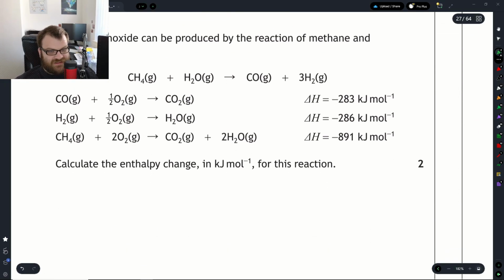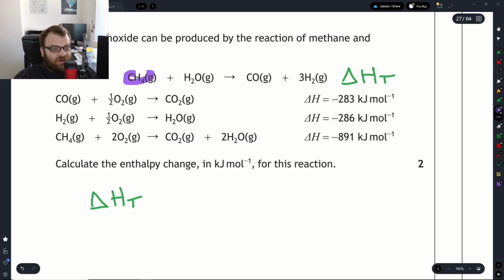This one, we're asked to work out the enthalpy change for our reaction at the top. This is using Hess's law. We have got our target enthalpy change at the top, and I need to figure out how the rest of them all fit together. The way I would do that is look for the first chemical, which is CH4.